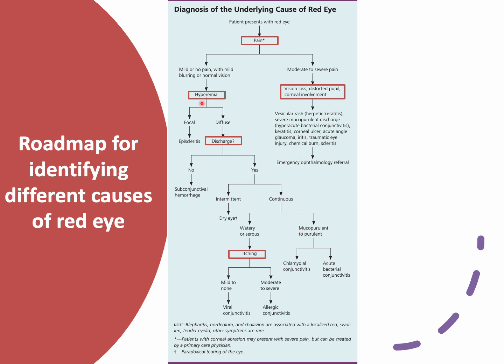The left side shows the diseases that can be managed in primary care. However, the right side shows the alarming signs and symptoms that, as I mentioned in the previous slide, we should refer to ophthalmologists, like severe vision loss, distorted pupil, and corneal involvement. All these can warn us about severe diseases.